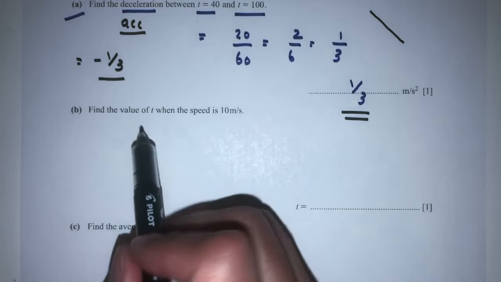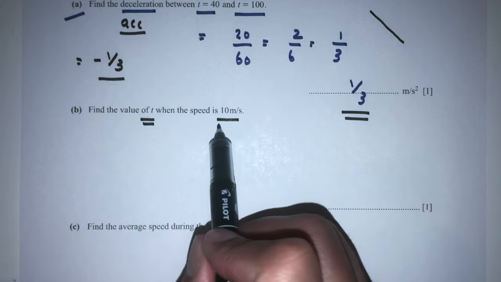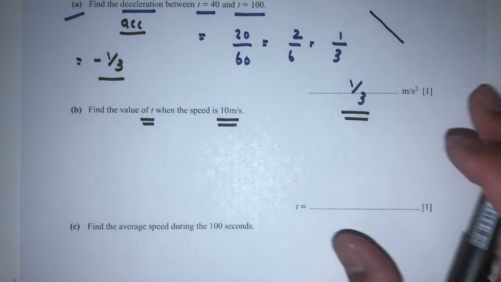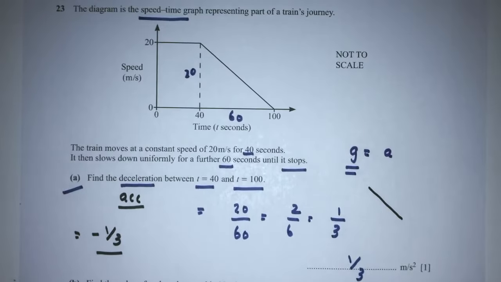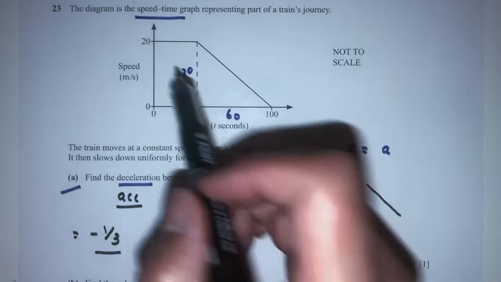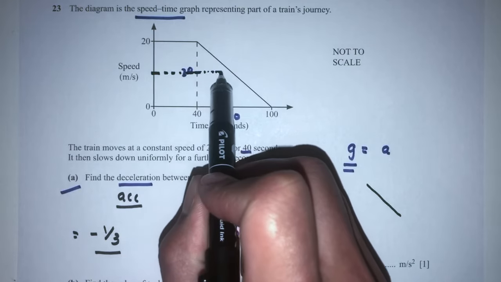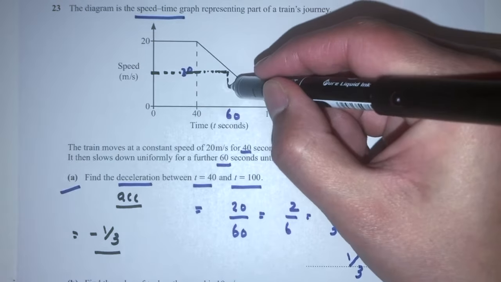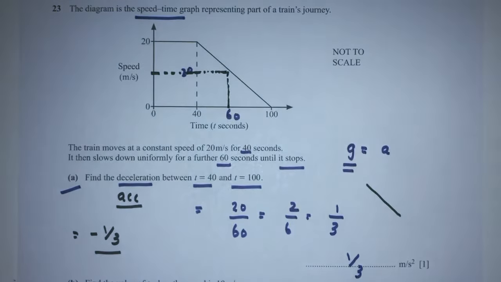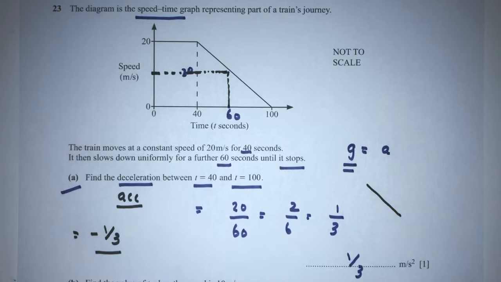Now for part B, we have to find the value of t when the speed is equal to 10. So how would you do that? Let's go back to the diagram. When v, the speed, is 10, it will be somewhere about here, right? If you draw this, we will have something to use, and we can use similar triangles to find the value.